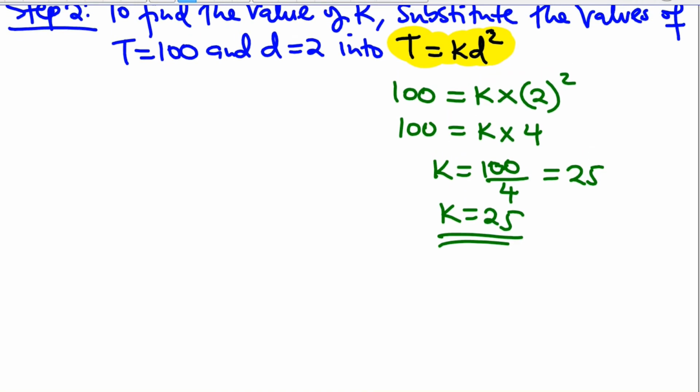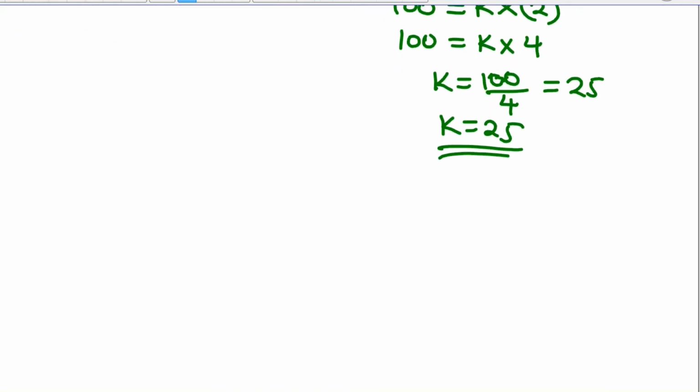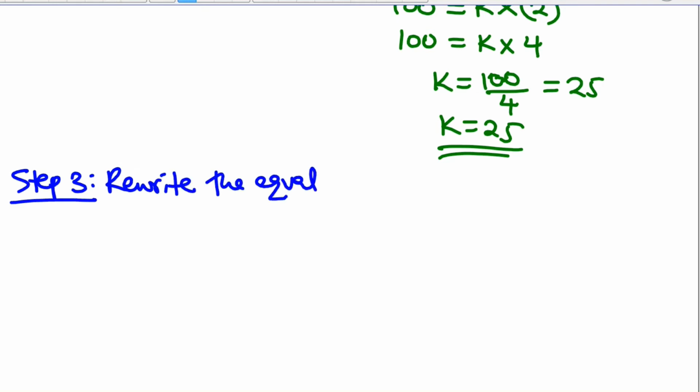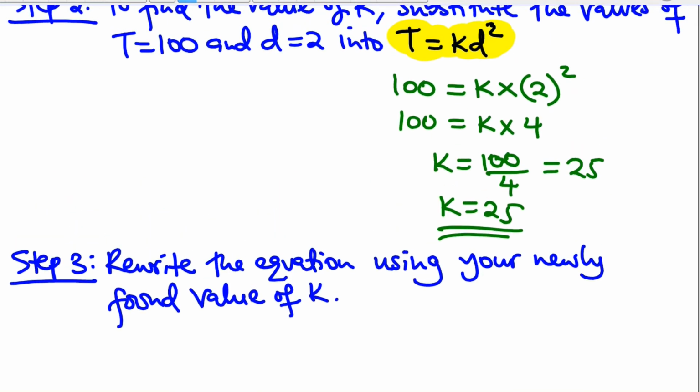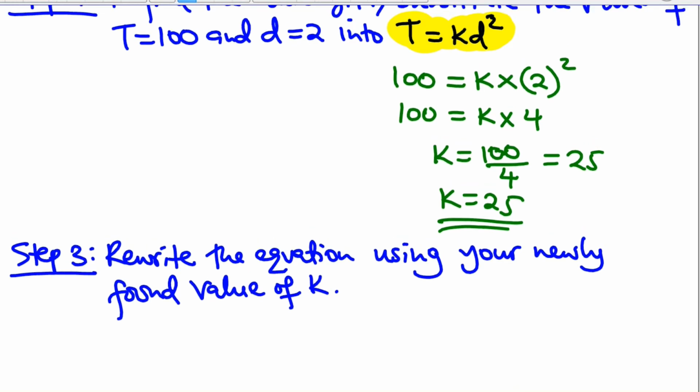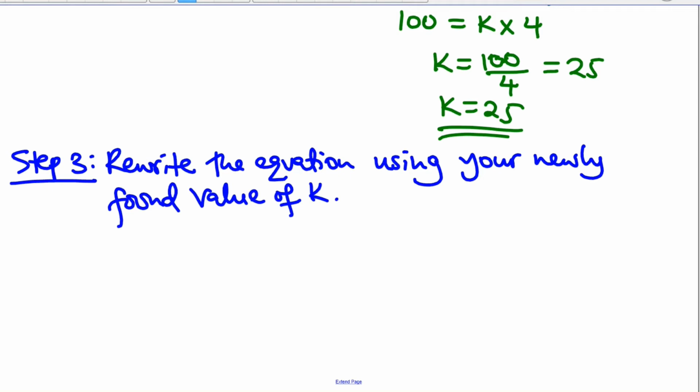So k is equal to 25, and my equation is t is equal to k multiplied by d squared, so t is equal to 25 d squared.